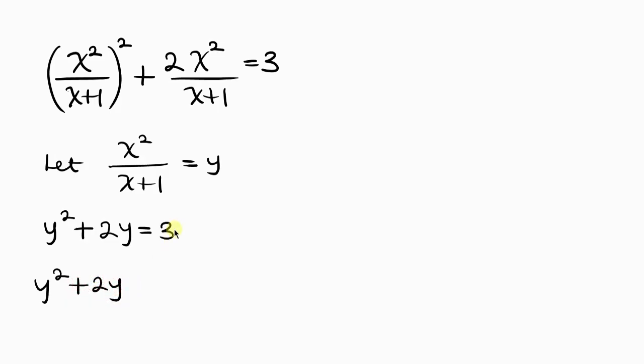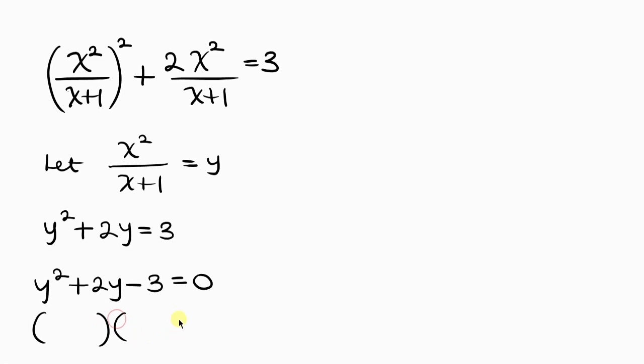Very good. Now let's move 3 to the left-hand side so that we have y squared plus 2y. And as 3 crosses to the left, it becomes minus 3. And this is equal to 0. So we have a quadratic equation. Well, the good thing about this quadratic equation is that it is factorizable. So I'm going to be opening a bracket.